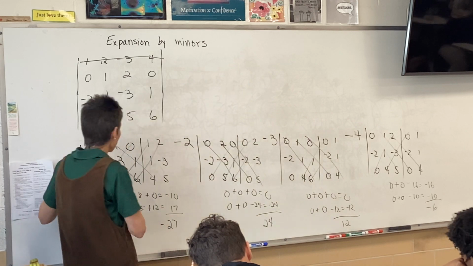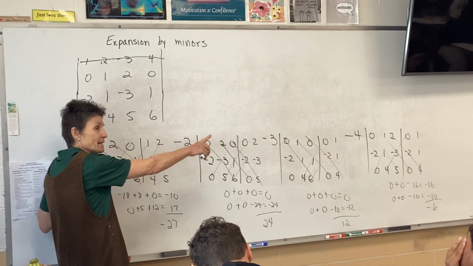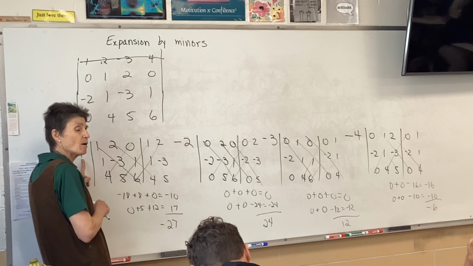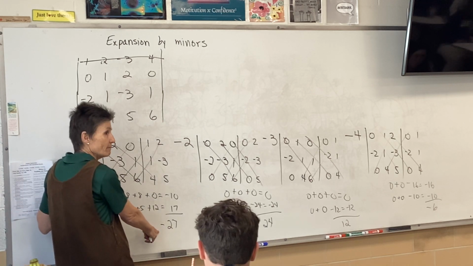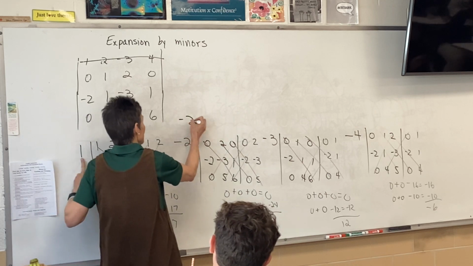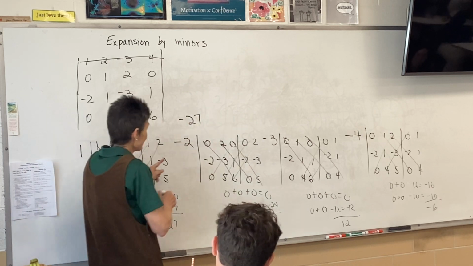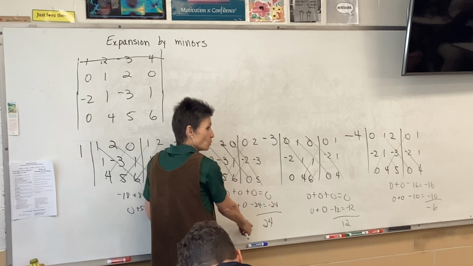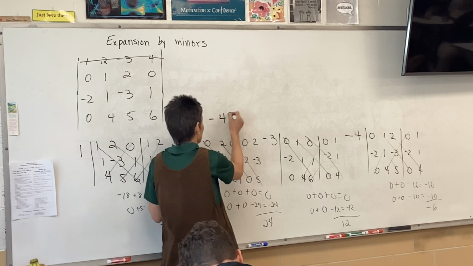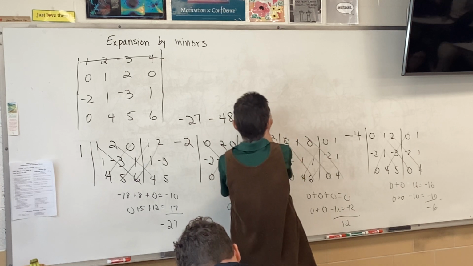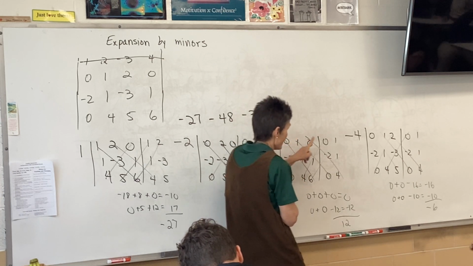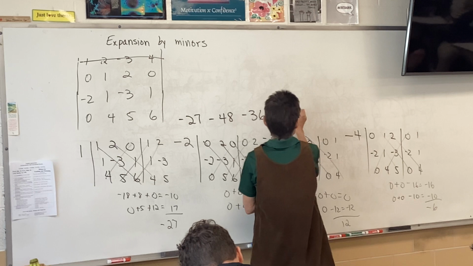Okay, now remember those numbers we copied down at the beginning from the row? They now become multipliers. So you're gonna take 1 times negative 27, that's negative 27. We're gonna take negative 2 times 24, negative 3 times 12, and negative 4 times negative 6.